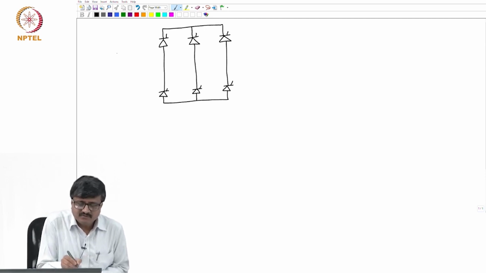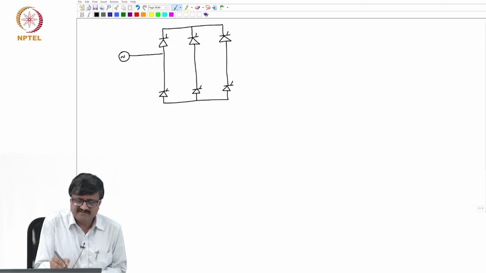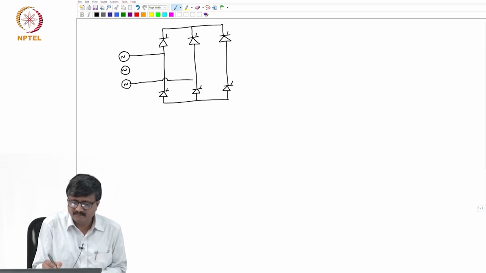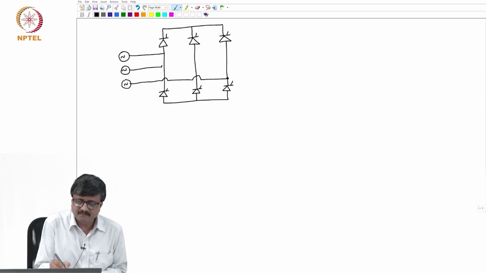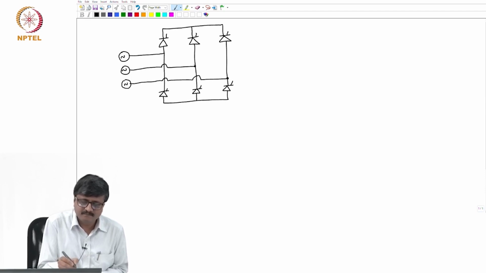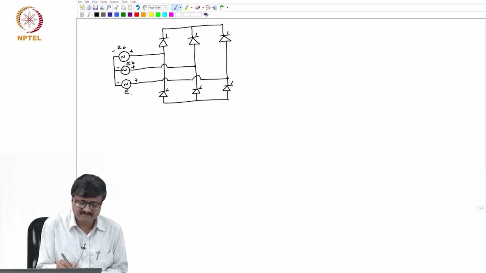So, I have on the AC side a balanced 3 phase voltage source, so let me call this voltage EA, this voltage is EB, and this is EC.